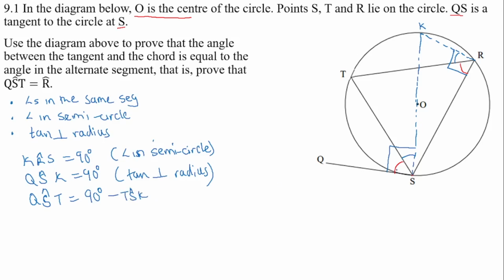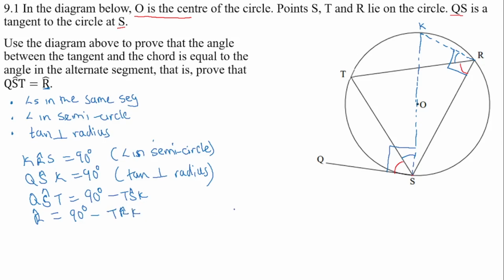To find the right angle here, we can subtract this blue angle here, TSK, from 90 degrees. And then also this side, angle R. Let's use angle R. You can also say TRS, but let's use R because here we're using angle R. So angle R is equal to 90 degrees minus this blue angle here, which is TRK.